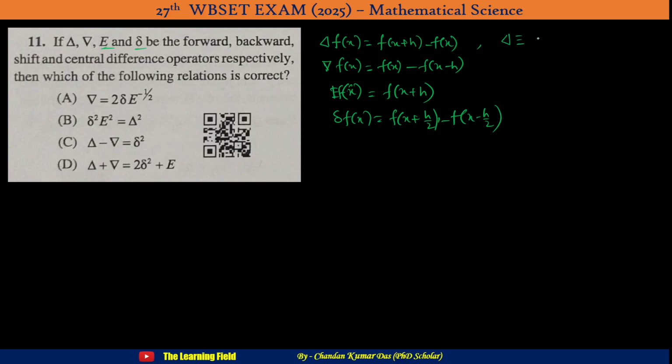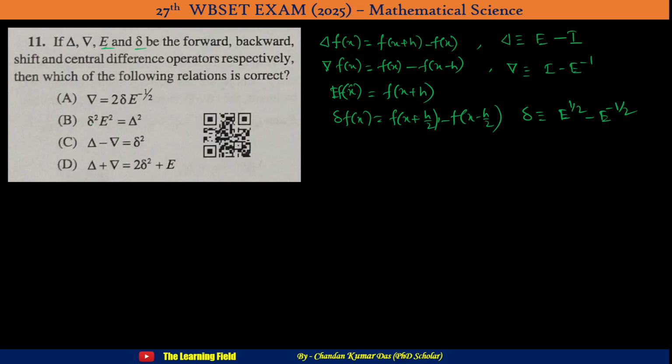Forward delta is equivalent to the shift operator minus identity. Backward delta is equal to identity minus the inverse shift operator. And central delta is equivalent to E to the power half minus E to the power minus half. This will be very necessary to solve this problem.